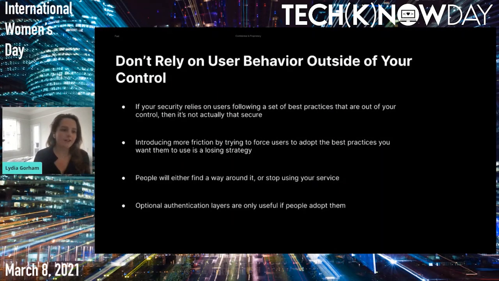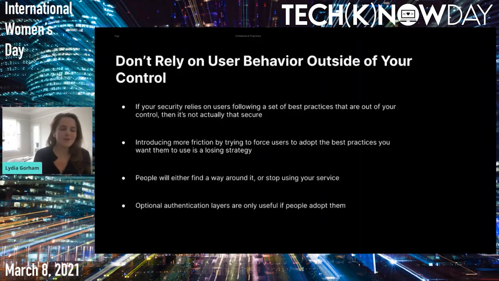It's great if you have this brilliant idea for a security system that's going to require 10 different steps, but if users aren't going to adopt it, then it's not actually that secure. People will find a way around more friction or stop using your service.